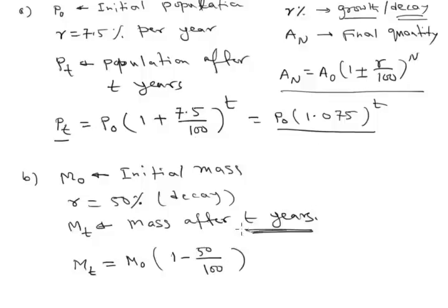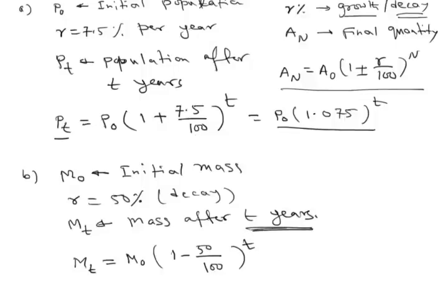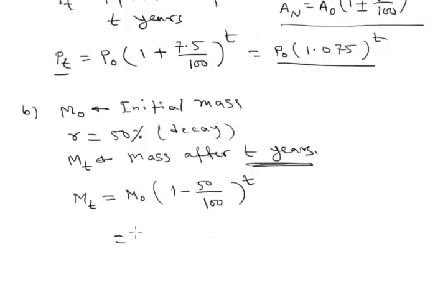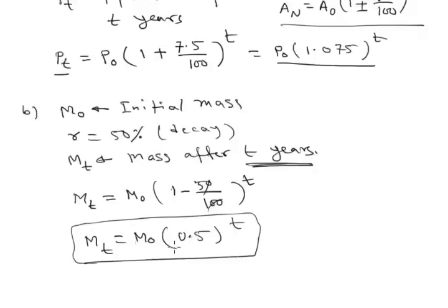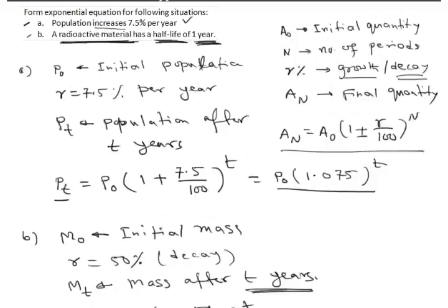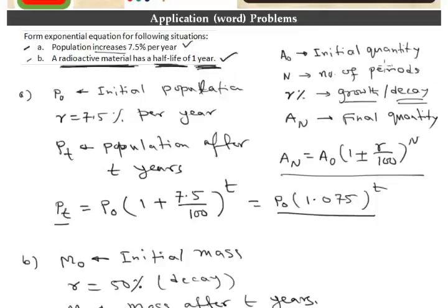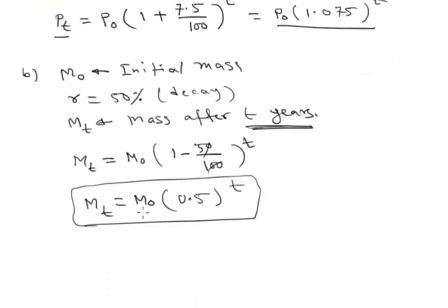Here it is t years, so t periods. If we simplify, we will get M0 times 1 minus 0.5, which is 0.5, to the power t. So Mt equals this. This is the exponential relation that represents this radioactive material situation, where M0 is the initial mass and Mt is the mass after t years of decaying.